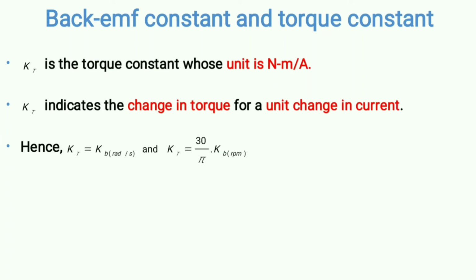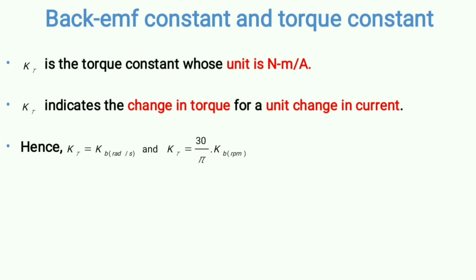Okay, so now I think your confusion is clear. Many people say that torque constant is the same as the back EMF constant. Many people say no, they are not the same. Now this confusion is clear, I guess, because it completely depends on which back EMF constant you are referring to. If you are referring to the back EMF constant in radian per second, then yes, definitely your torque constant and back EMF constant are both the same.